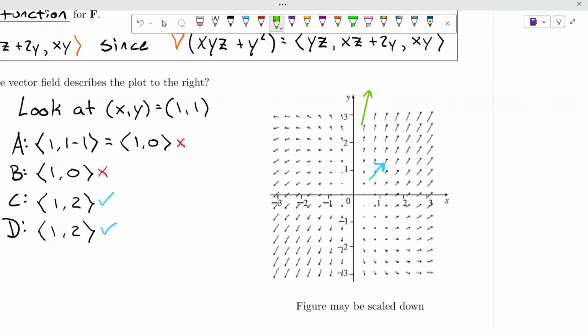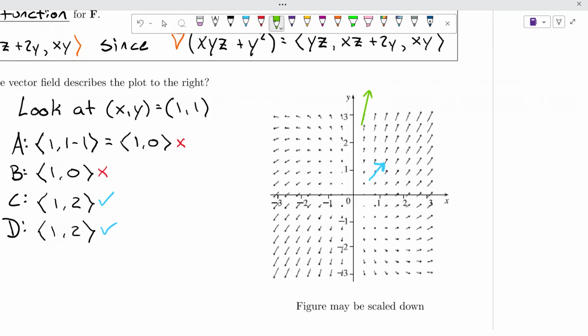It's pretty close to just going up. There's not a lot of left and right movement there. So I'm going to pick a point that's near the y-axis, but also pretty far away from the x-axis, something near the top of my graph, and compare my two fields C and D.